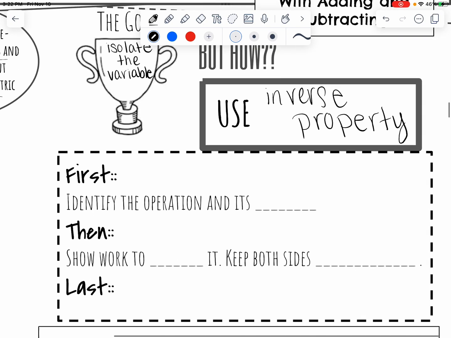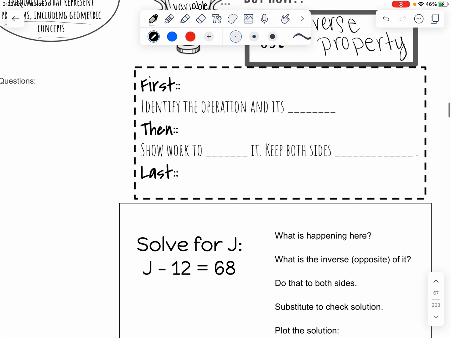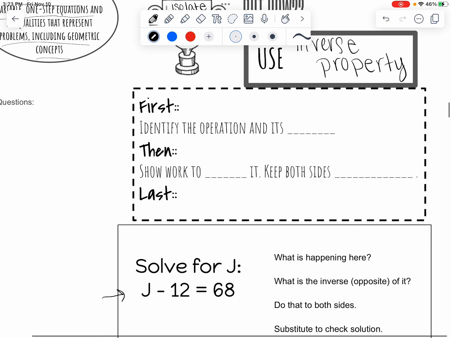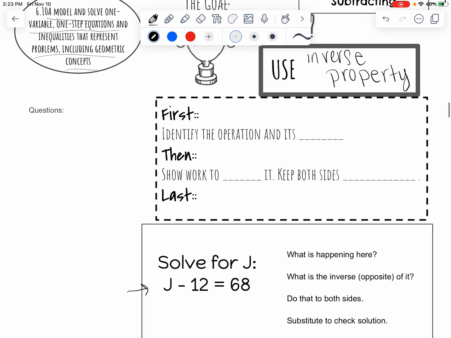Here's your example: J minus 12 equals 68. First you want to identify the operation and its opposite. Ask yourself, what operation is happening here? Well, we're subtracting. What is the opposite of subtraction? Well, it's addition.